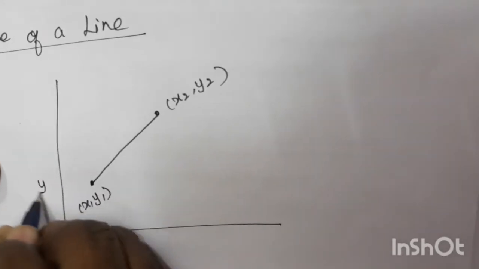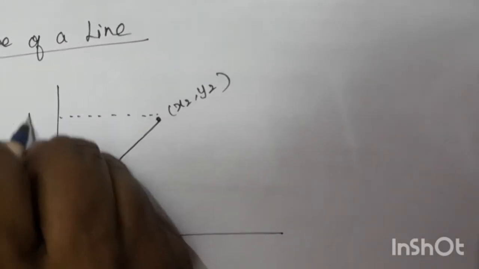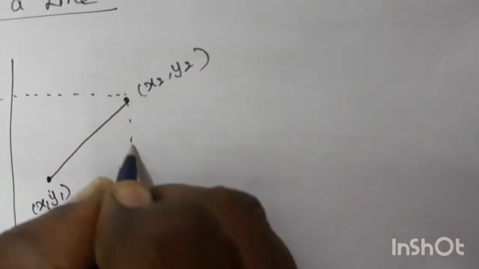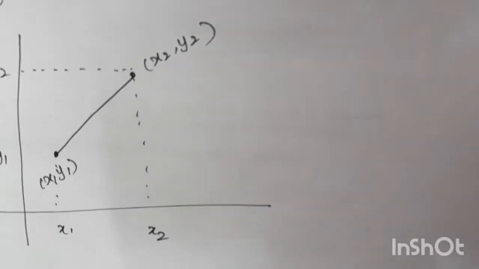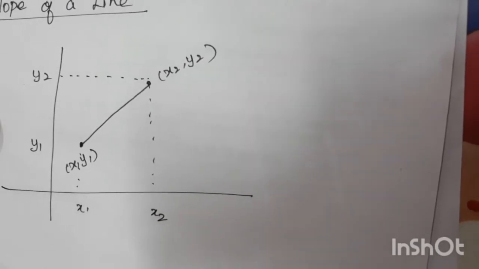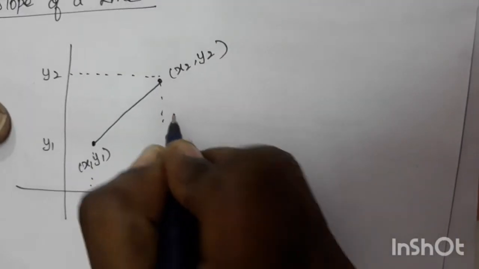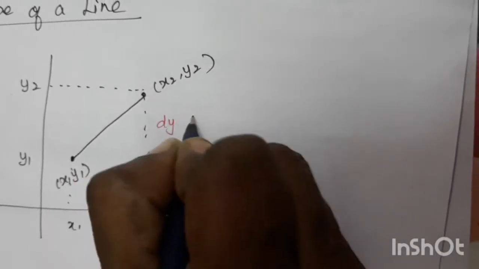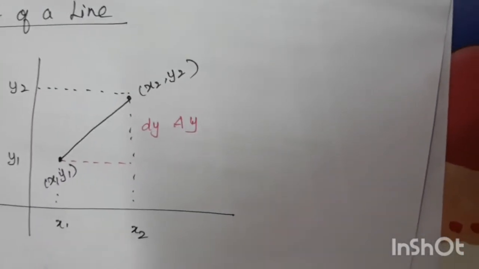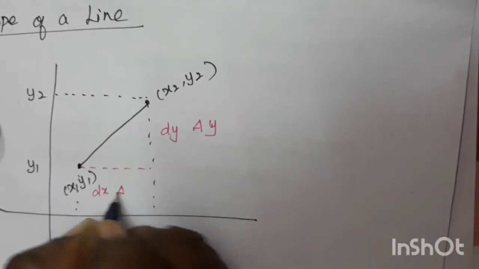So the y1 starts here and this is the y2 point, and here it is the x1 point and it is x2. Now we have to find the difference, that is the difference between y2 and y1 is called dy or del y, and the difference between x2 and x1 is called dx or del x.